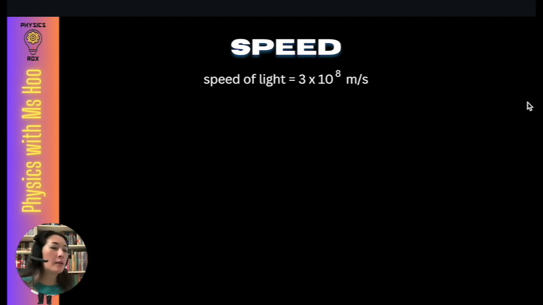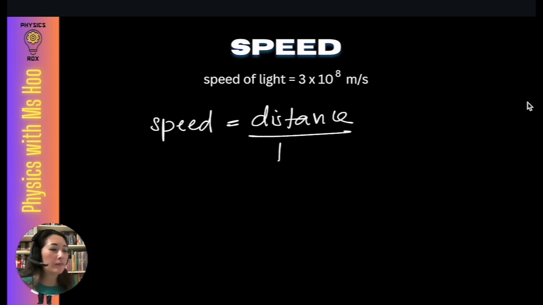So what is the formula of speed? Let's quickly recall. So as we know, speed is distance over time. So given that we have the speed of light as 3 times 10 to the power 8 meters per second, if you are given the distance between the two celestial objects, then you can easily find the time.